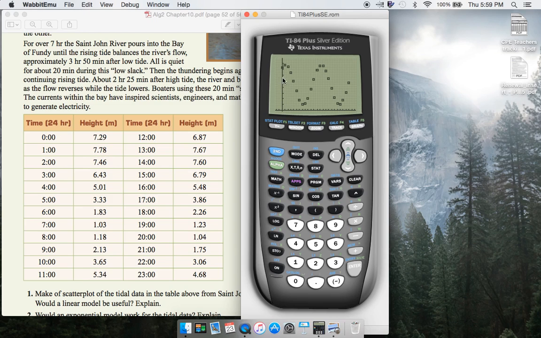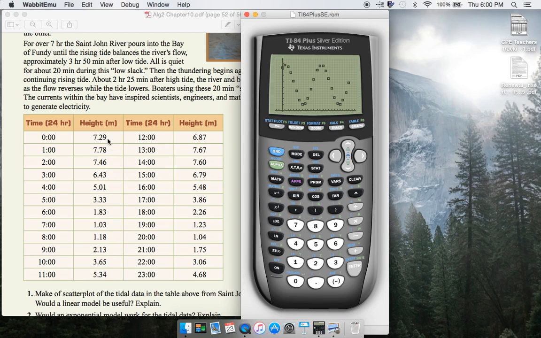At time 0, I'm up here at, well, we can look right over here, at 7.29, and then it increases, and then it starts to decrease. It decreases all the way down to hour 8, which is about here, and then at hour 9 it starts to go back up. And how do I know this? I'm just looking right here at this data.